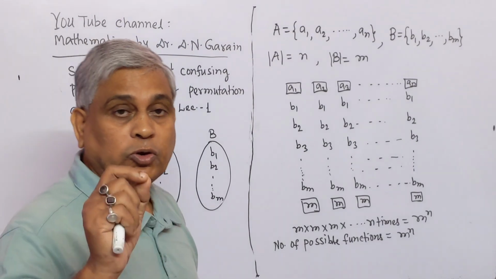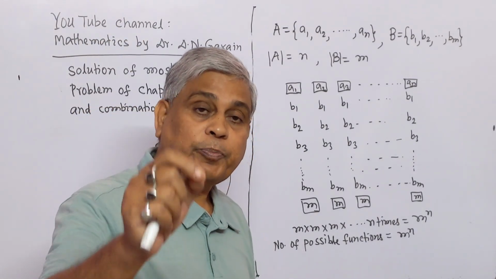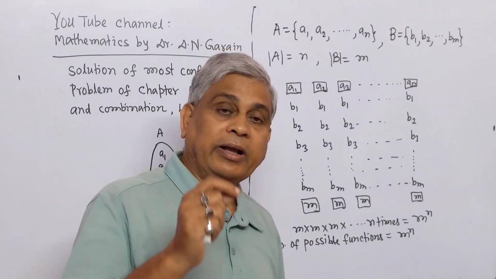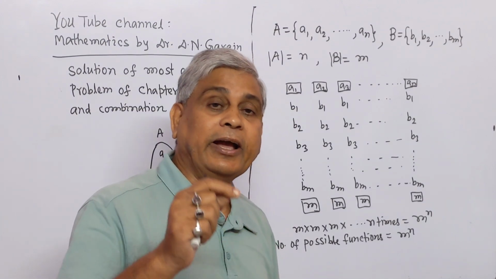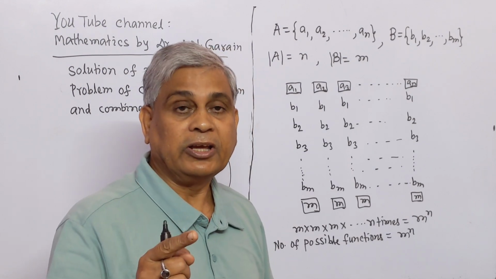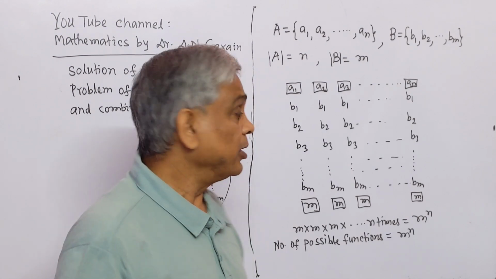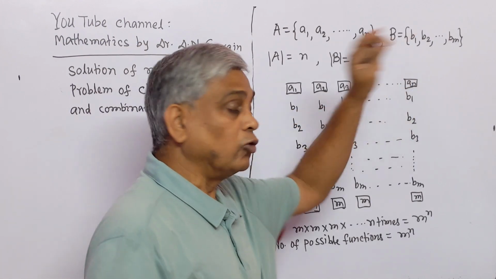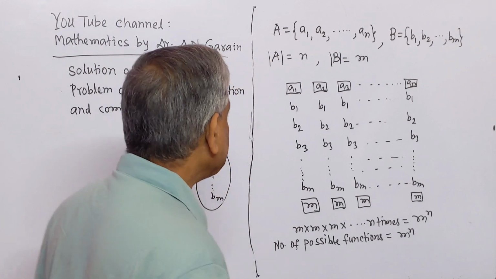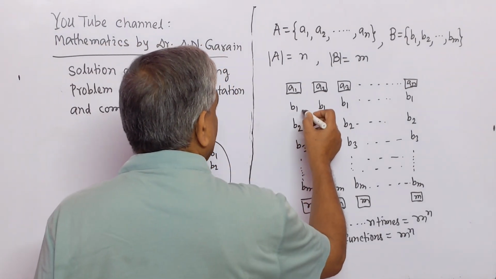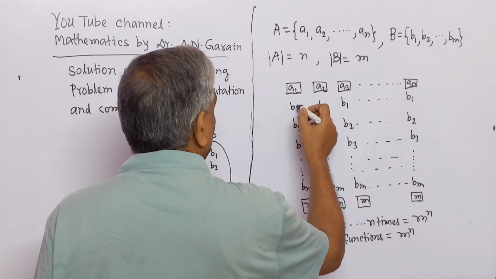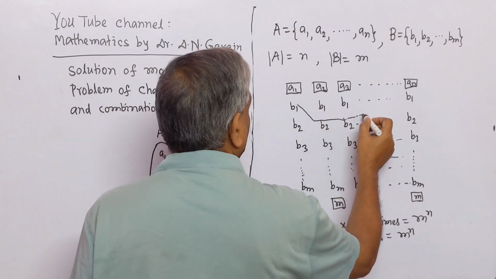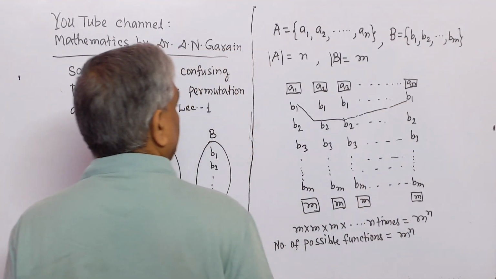Since we know that the number of possible curves represents the number of possible functions, and we have already defined each possible curve, each possible curve means a curve which passes through one element of each column. For example, let a curve pass through b1, b2, b2 and so on up to b1.